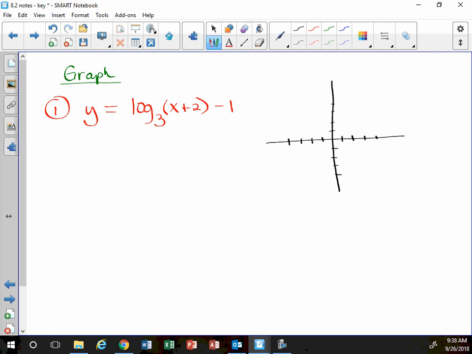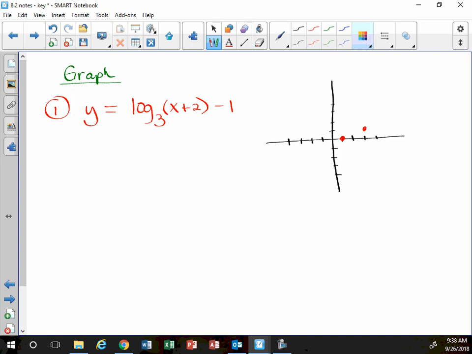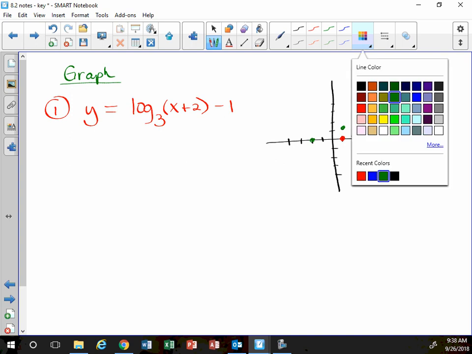All right, guys, let me draw it. If you're not there yet, that's okay. Pay attention as I go through it. So your 2 points are going to be 1, 0, and this time 3, 1. Okay, and then I'm going to go left 2, 2, 2, and down 1.